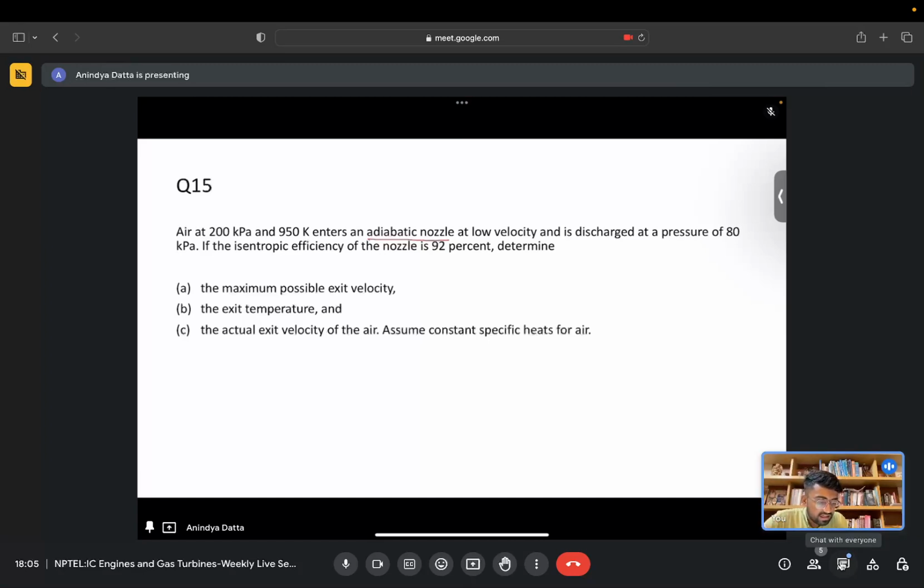It enters at low velocity and is discharged to a pressure of 80 kilopascal. If the isentropic efficiency is 92%, determine the maximum possible exit velocity, exit temperature, and the actual exit velocity of air. Assume constant specific heat for air, Cp equal to 1005 joule per kg Kelvin. Okay, so let me draw the schematic.